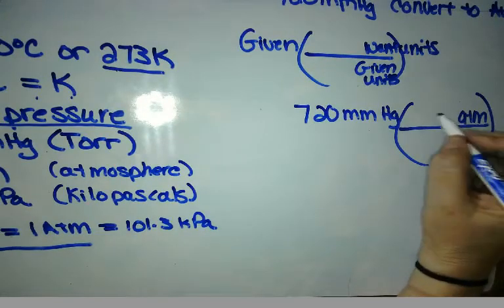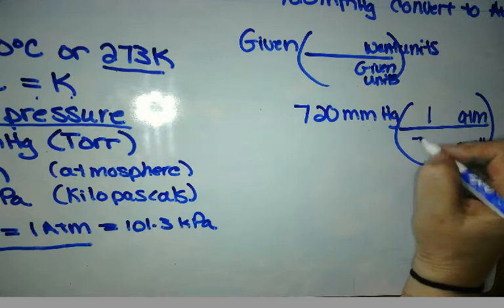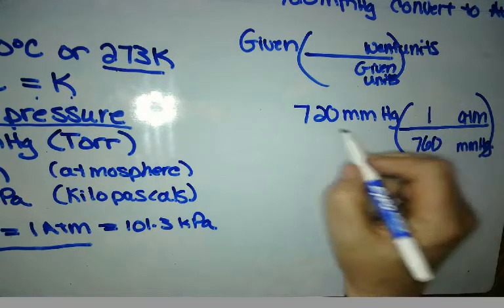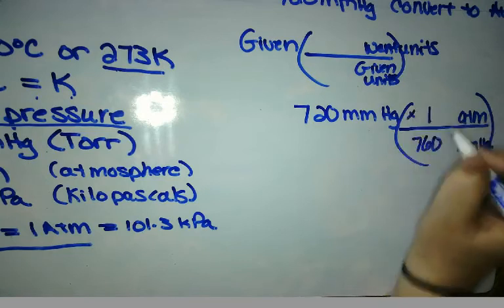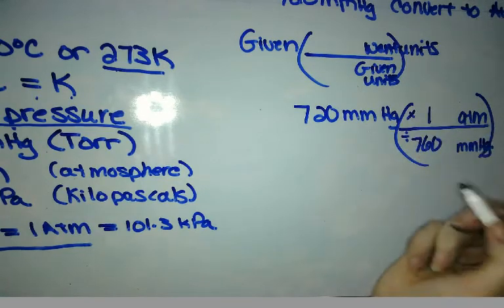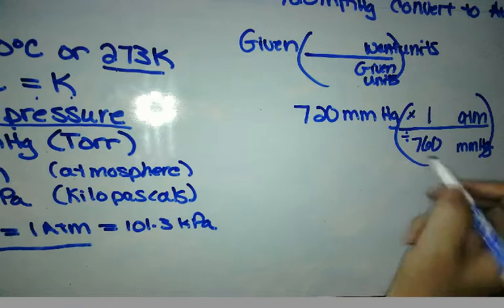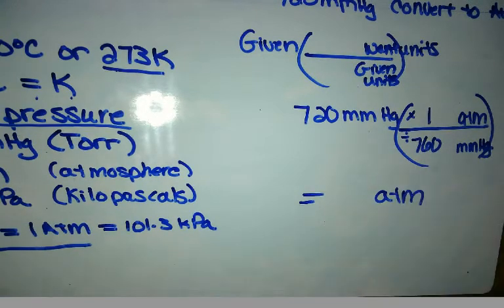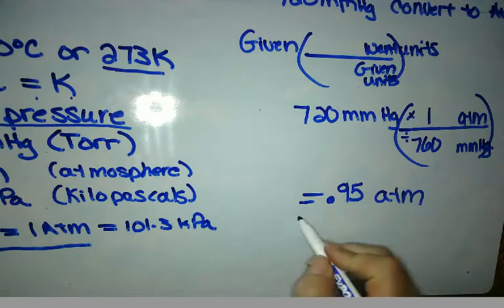So 1 goes with atmosphere, and that is the same as 760 millimeters of mercury. So 720 times the top divided by the bottom. So 720 divided by 760 will give me, so we have 90.95 ATMs.